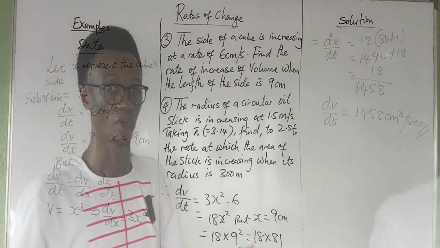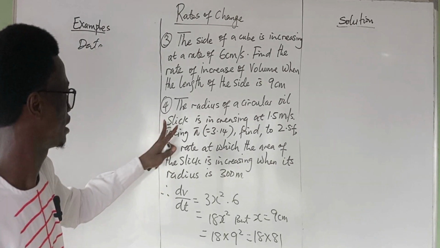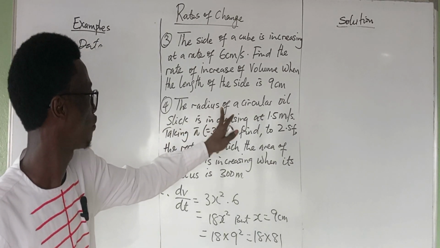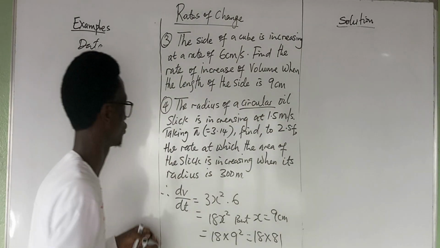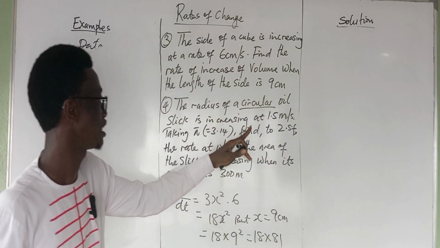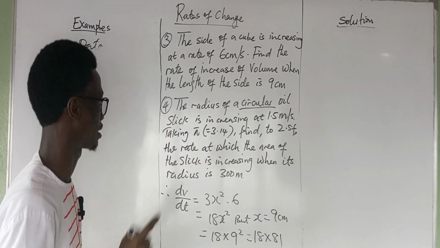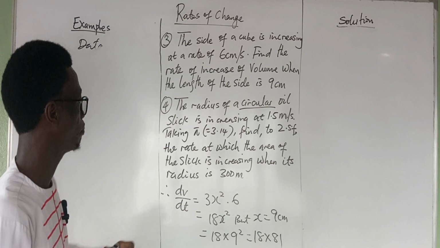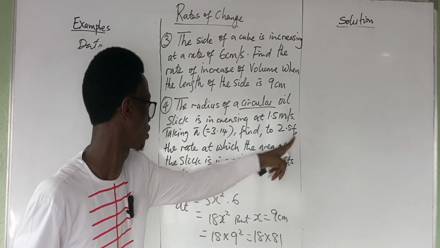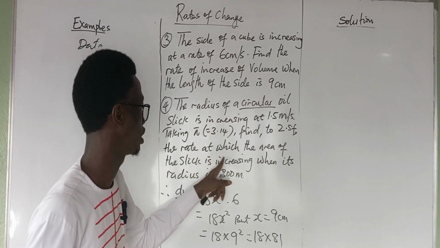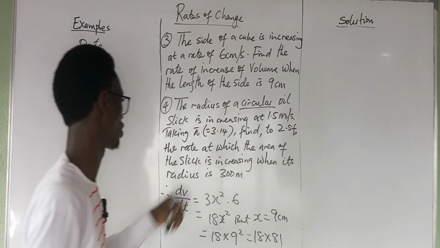Okay guys, so let's look at the last question. It says the radius of a circular oil slick is increasing at 1.5 meters per second. Taking pi as 3.14, find to two significant figures the rate at which the area of the slick is increasing when its radius is this.